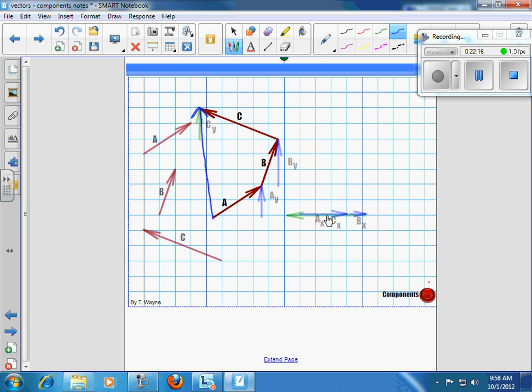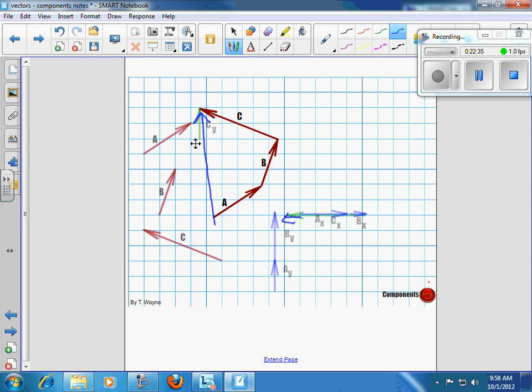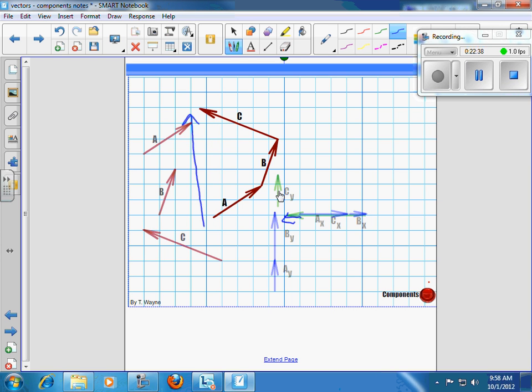Okay, which makes the resultant from there to there, right? I take the y's, there's AY. I won't go over farther than that. Okay, BY, CY, which is oddly enough in green. Okay, the resultant is from there to there.